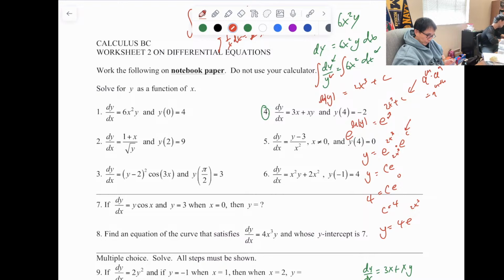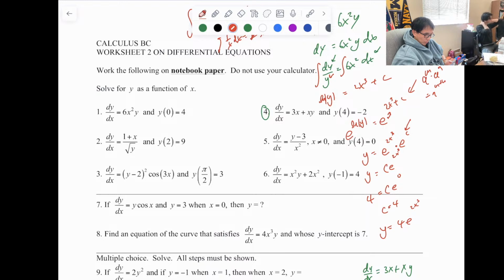e to the negative x to the negative 1 is crazy. Did you get the final answer for 5? Does C just equal 0? I don't think... No, it doesn't equal 0. Hold on. Because you have to make it equal 3. Oh, wait. Or negative 3.